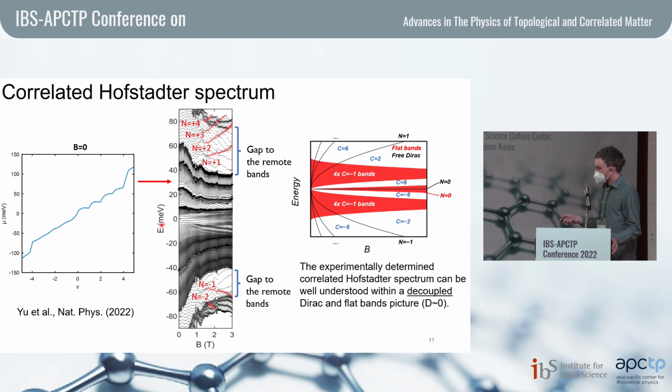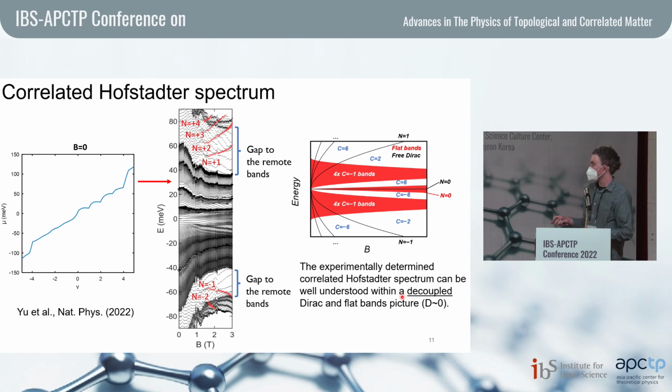What's interesting is that not only did I not have to invoke any unusual Coulomb interactions between the light Dirac cone and the flat bands, I also seem to be able to describe everything without any displacement field at all. That's interesting because in our geometry we can't control the displacement field. We have to come in with the tip to sense the local electrostatic potential. If we had a top gate, that would block the signal that we need to measure.